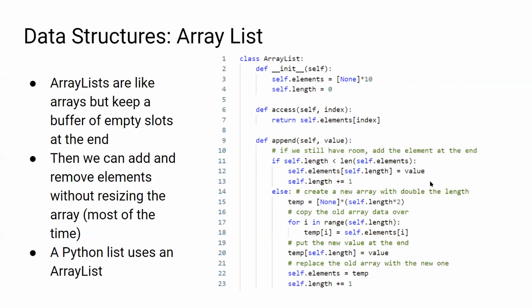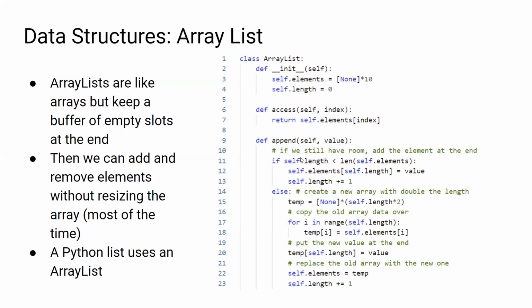An array list is a little bit of an improvement over arrays. This is basically what Python lists are under the hood. They keep a whole bunch of empty slots, so you don't have to reallocate every time you add and remove things. You can see here with the append, we keep track of a separate length property. Initially we have 10 empty slots and a length of 0.